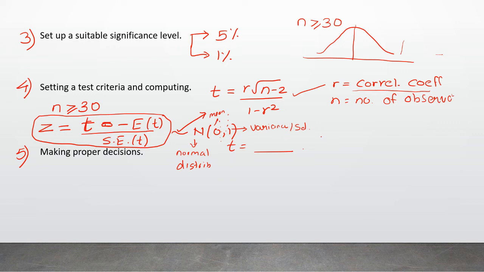Why? Because variance is equal to standard deviation square, so if variance is 1, standard deviation will also be 1. In this case, it is either variance or standard deviation, we take it as per our convenience. Now, what are these values? Z is equal to t minus E of t upon standard error of t. I'll just explain.